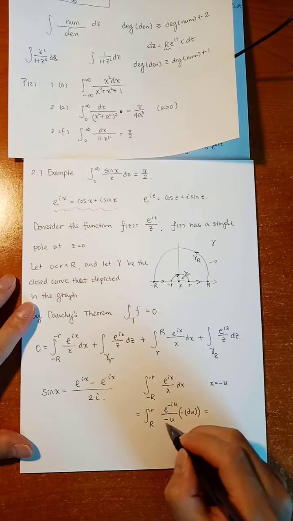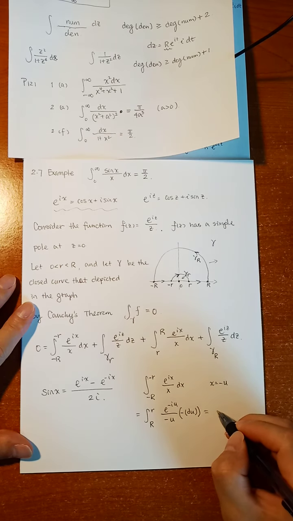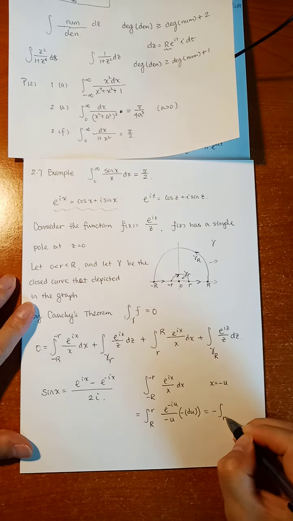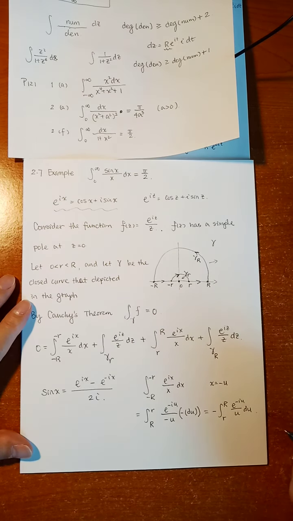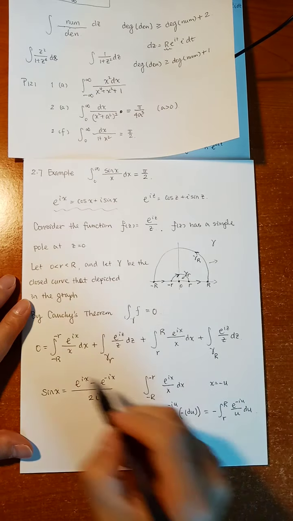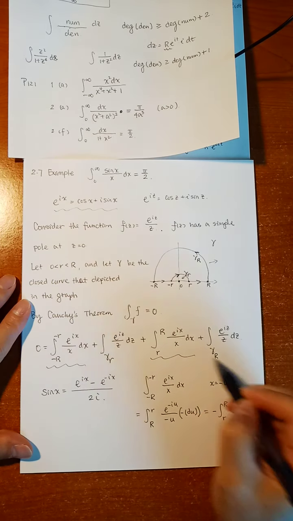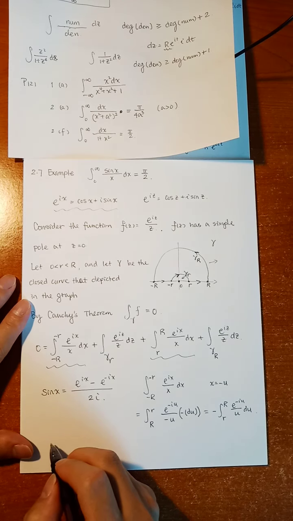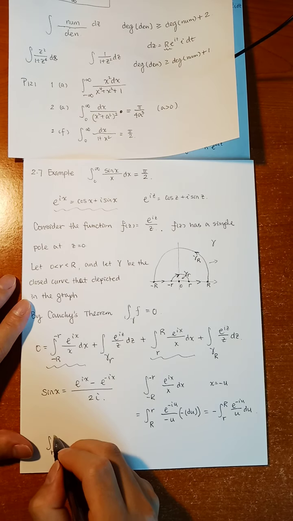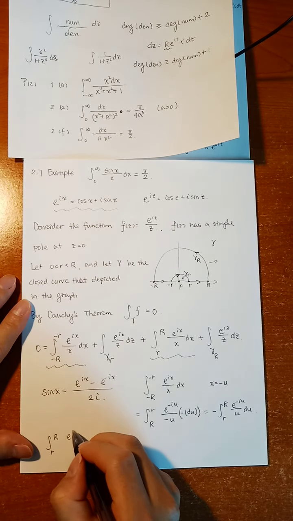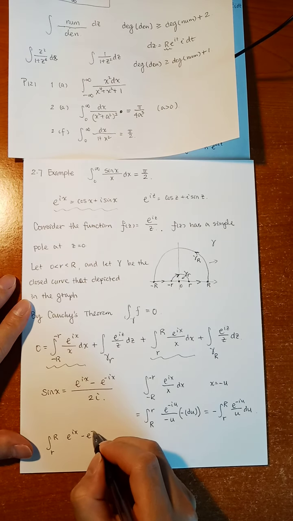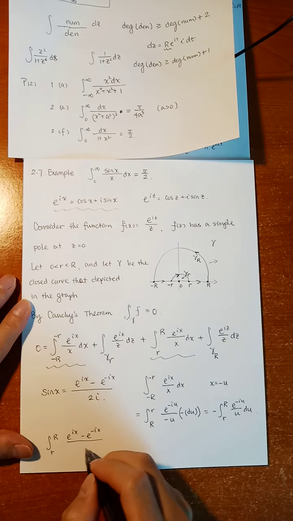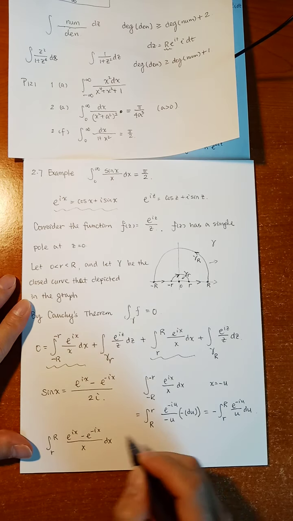Okay, so the negative sign cancelled. You get negative little r to capital R, e^(-iu) over u du. All right, so this first term and third term, add them together. So from r to capital R, (e^(ix) over x minus e^(-ix) over x) dx.